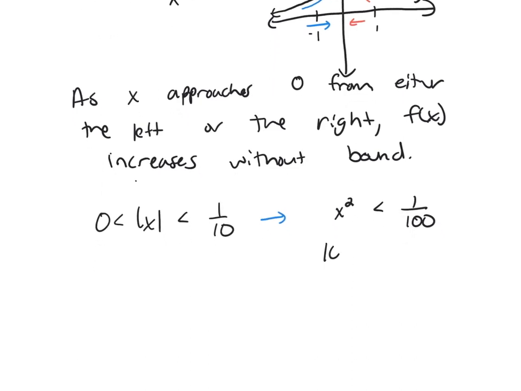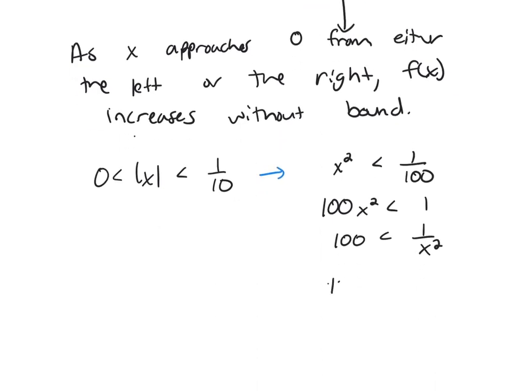And I'm going to multiply by 100, divide by x squared, right? And this shows that my function is bigger than 100. My y values are bigger than 100 if I'm within 1/10 of 0.